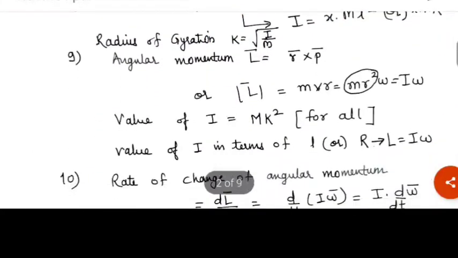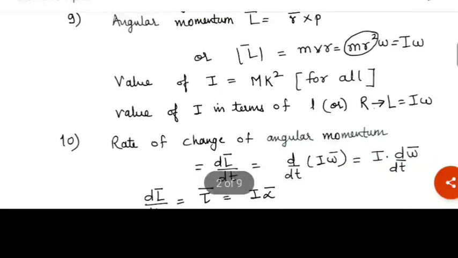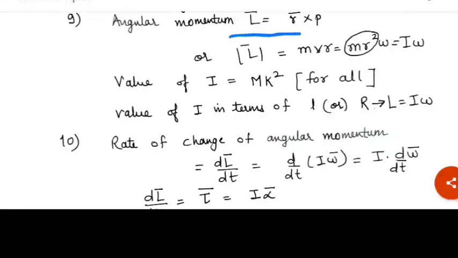Next comes angular momentum. Now this parameter is again valid when a body is rotating with angular velocity omega. So it is again represented in the form of a cross product.